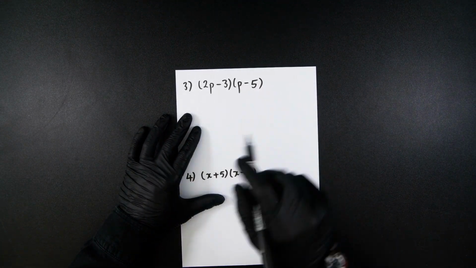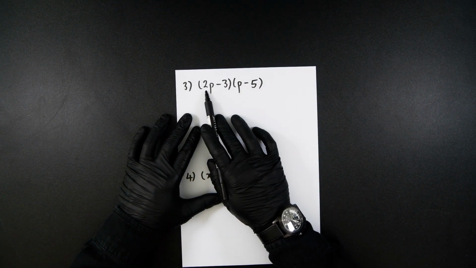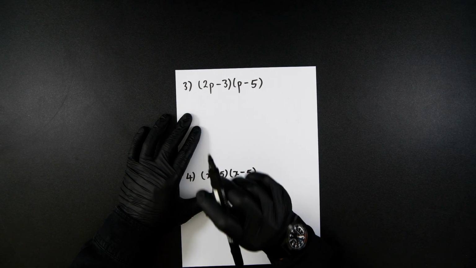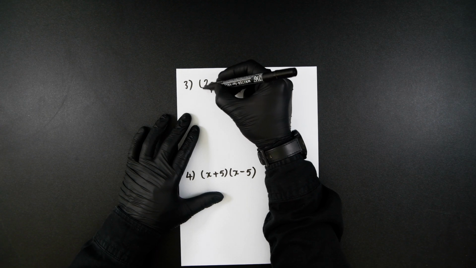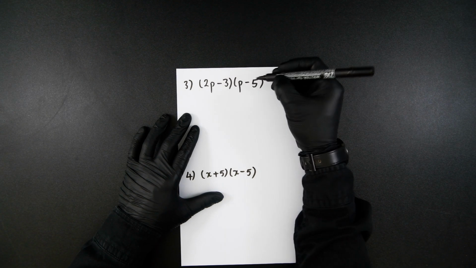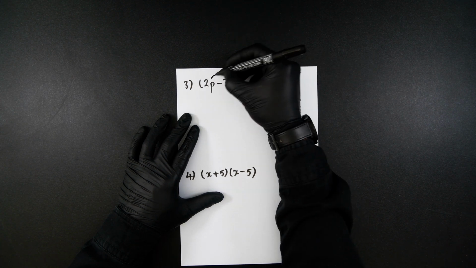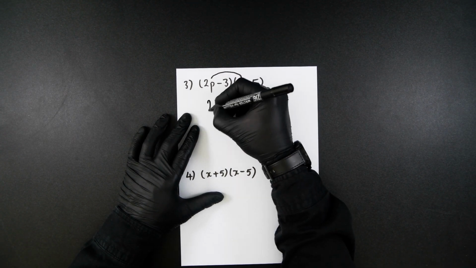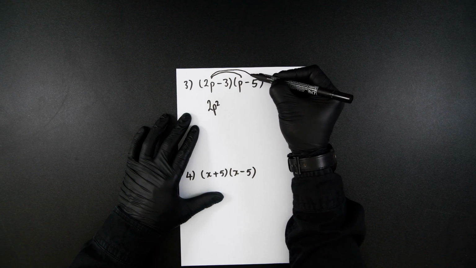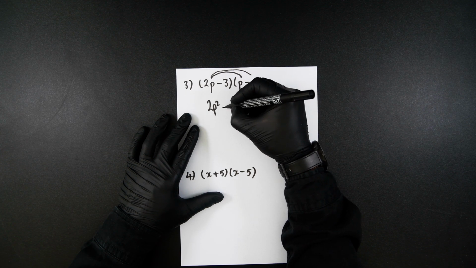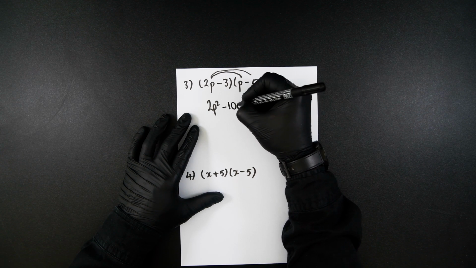In this problem, we've got a number, a value in front of the p, but it's exactly the same. Nothing changes, except for this time, you're multiplying everything here to this value. So let's do the first terms, which are going to be 2p squared. Then you do 2p times minus 5, which is minus 10p.